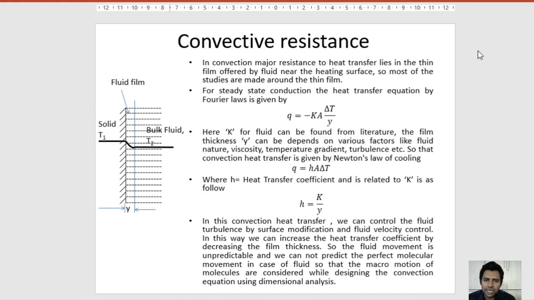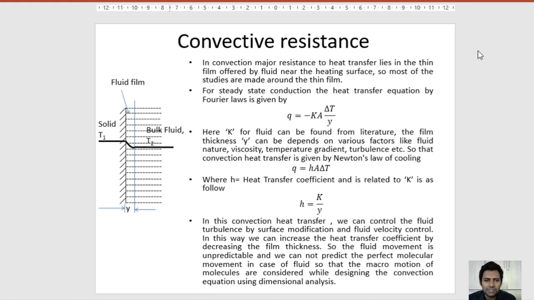Now look at the convective resistance, which is the main thing in the study of convection. In convection, the major resistance to heat transfer lies in the thin film offered by the fluid near the heating surface. So most of the studies are made around the thin film. Now look at the figure.